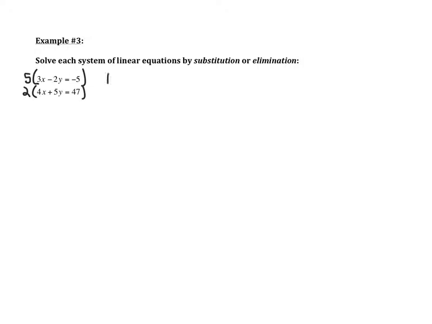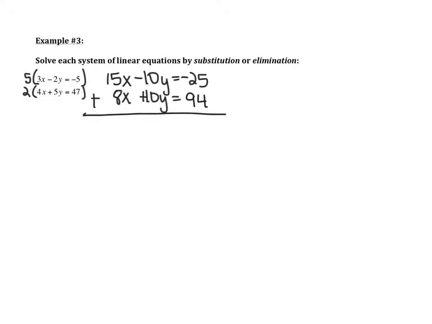So I would end up with 15x minus 10y equals negative 25, and then I would get 8x plus 10y equals 94. So when I add downwards, I end up with these canceling, and I get 15x plus 8x is 23x equals 69.